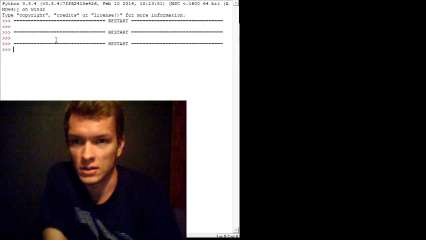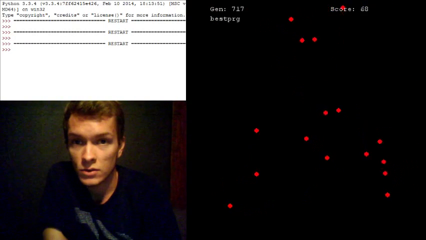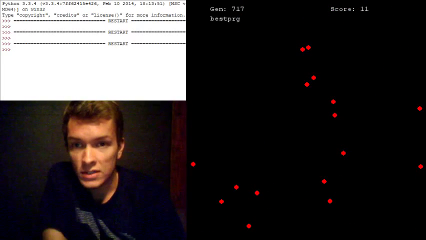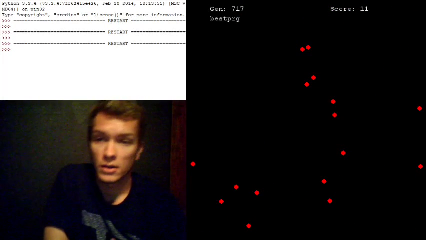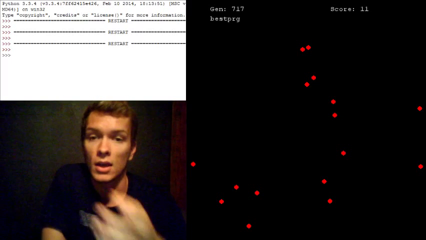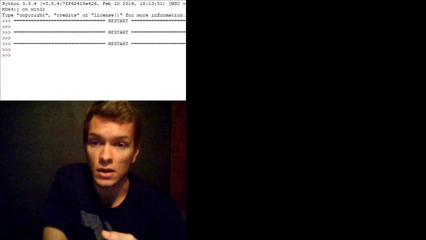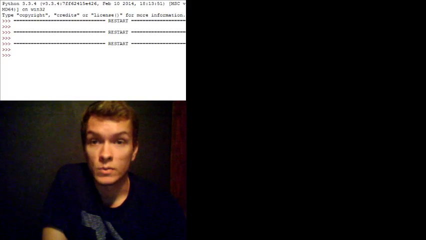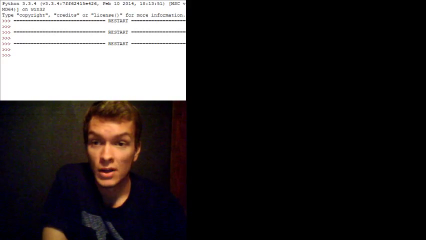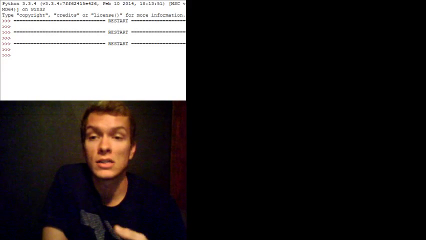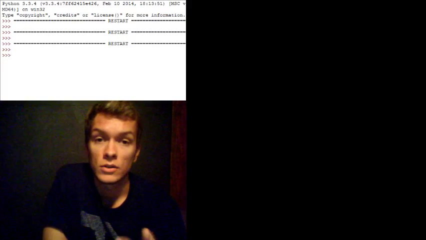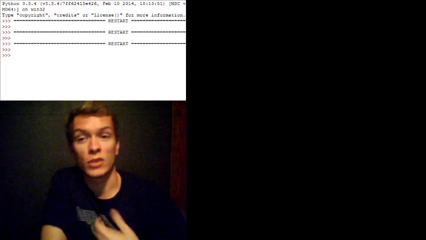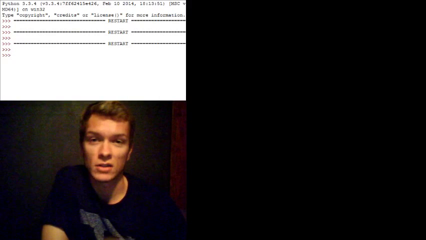It's not necessarily up to that 91 score that it got, but you'll see that all of these dots are going in circles, which means that the AI has identified all of these dots and their x and y coordinates, and is making decisions based off of it, telling each of the dots to go in a circle, which isn't necessarily the best situation. I could probably code in a better situation, but that's not the point of the AI.